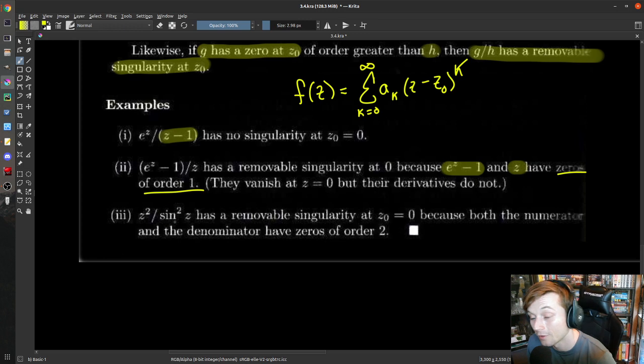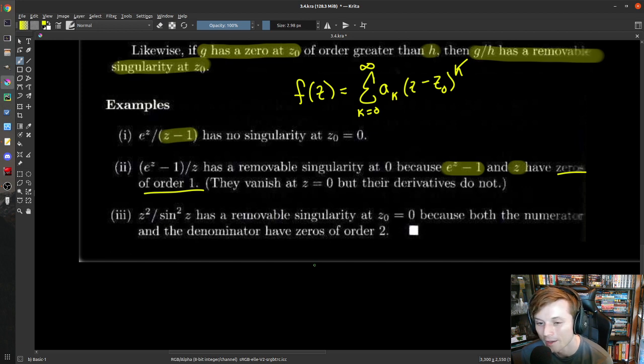So let's do another example. z squared over sine squared z. This has a removable singularity at z naught because both the numerator and denominator have zeros of order 2. You can check that pretty easily. Plug in 0, you get 0 squared over 0 squared. Then you repeat the process, take a derivative, 2z, and you can spend a while doing the bottom part, but you'll have sines in both terms, and when you plug in 0 you'll get 0.